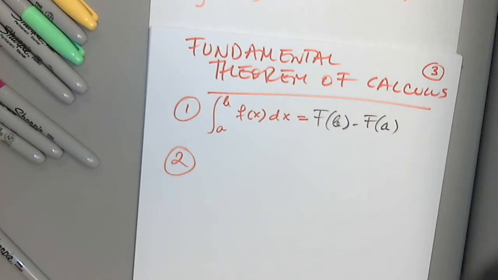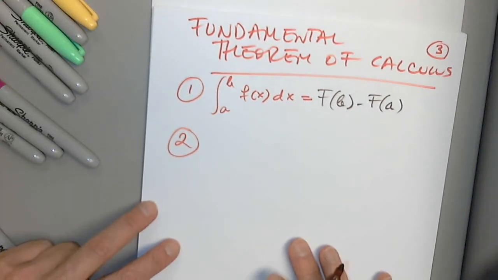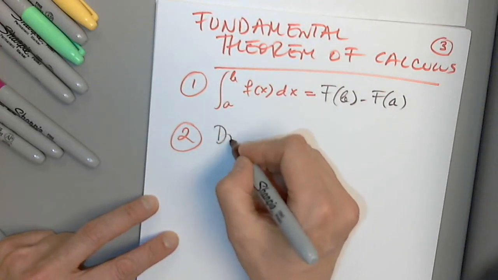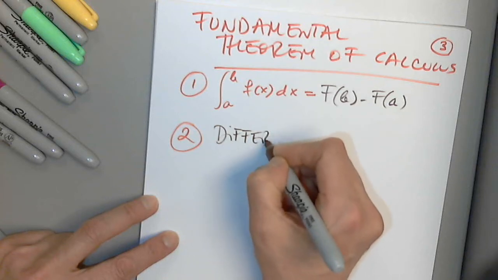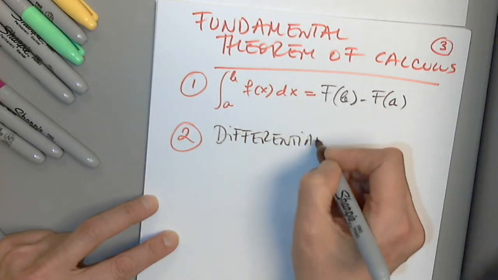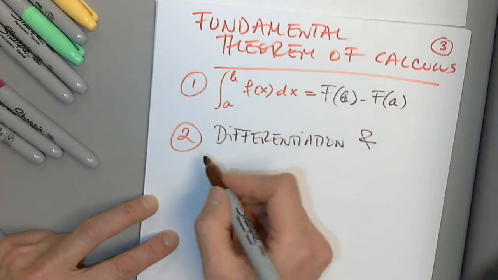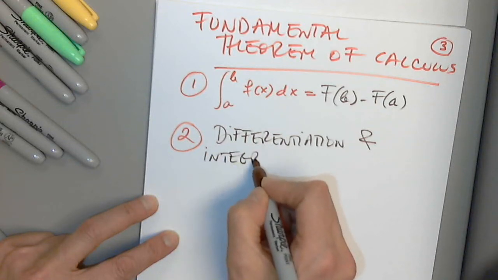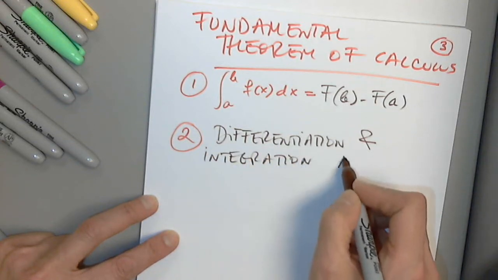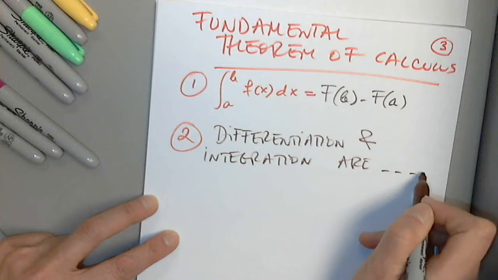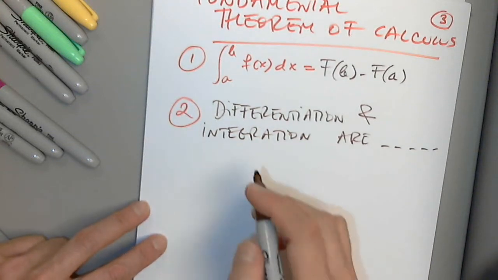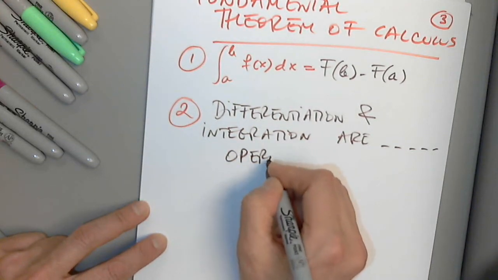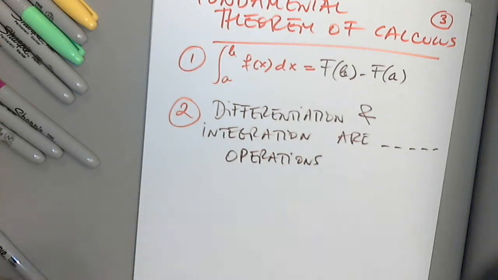And here's the second part of the theorem. Differentiation and integration are dot, dot, dot, and you'll tell me what to put in there. I'm missing a word.